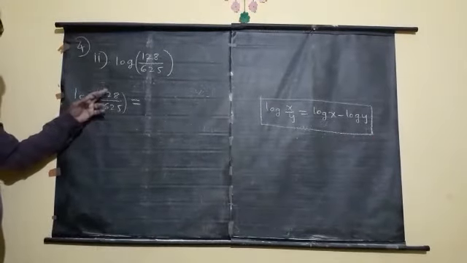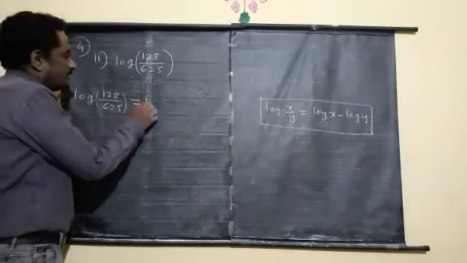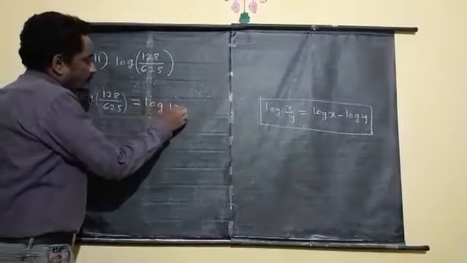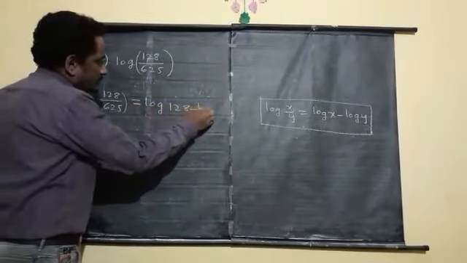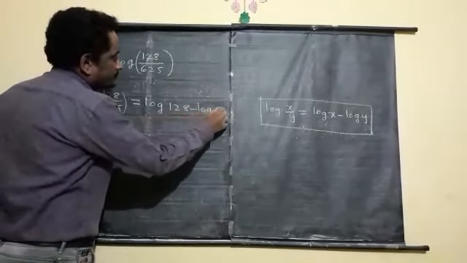This log 128 by 625 is equal to what can we write? Log 128 minus log 625.